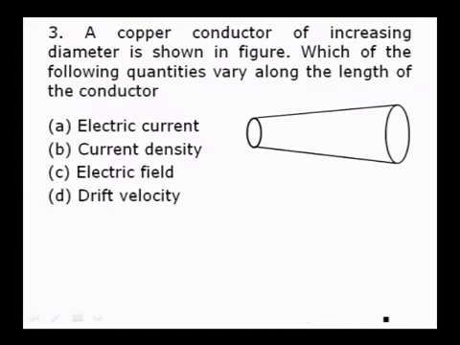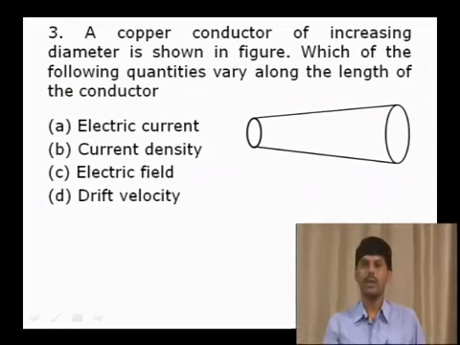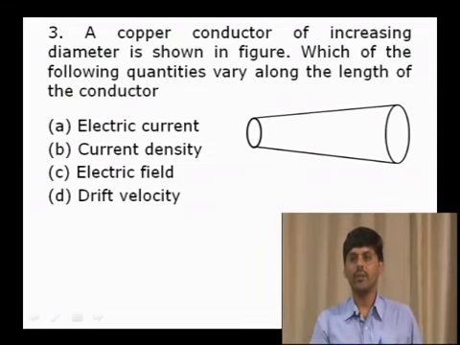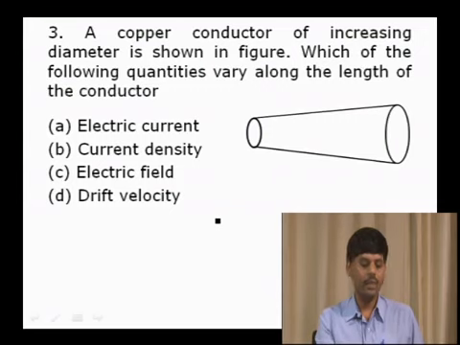Question number 3. A copper conductor of increasing diameter is shown in the figure. Which of the following quantities vary along with the length of the conductor? Here the diagram shows a variable cross-sectional area. See, we have the expressions for current as well as current density, electric current and drift velocity.